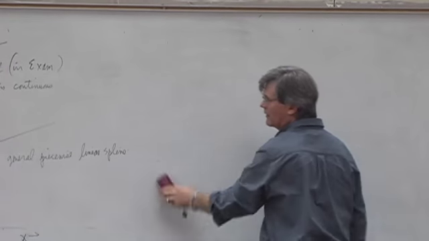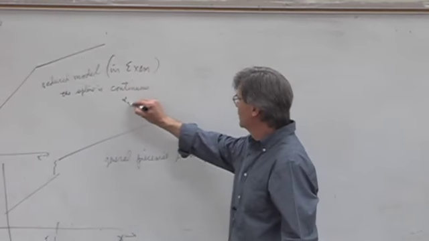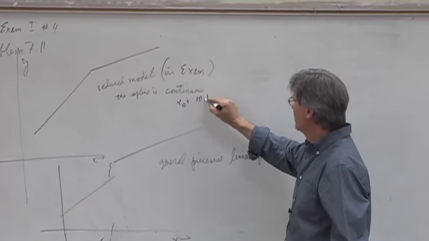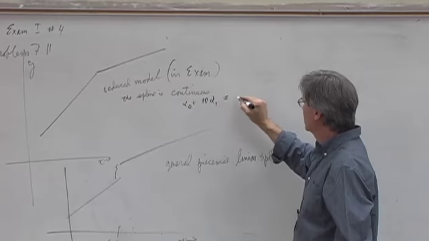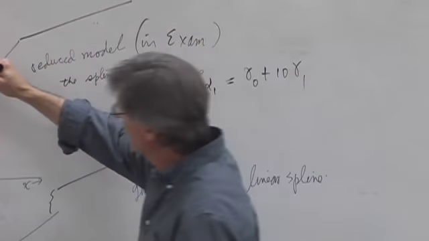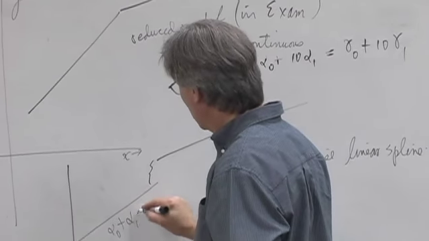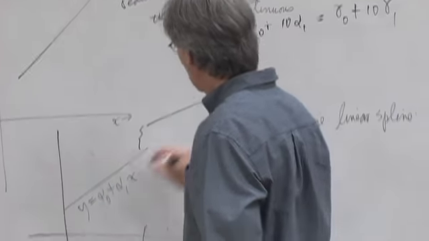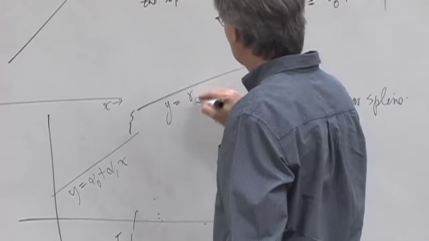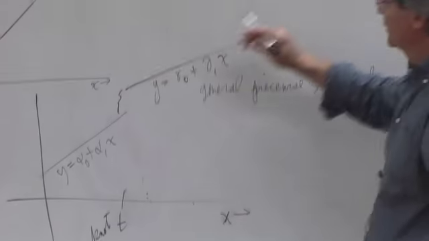Everybody clear about that? Because that's the condition that alpha 0 plus 10 alpha 1 equals gamma 0 plus 10 gamma 1, where this was the line alpha 0 plus alpha 1 x, and this is the line y equals gamma 0 plus gamma 1 x. This is the condition at the knot t.